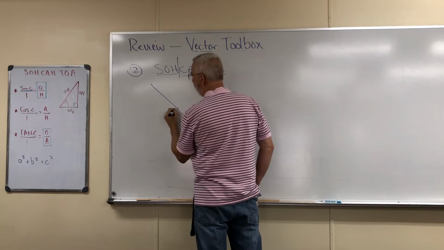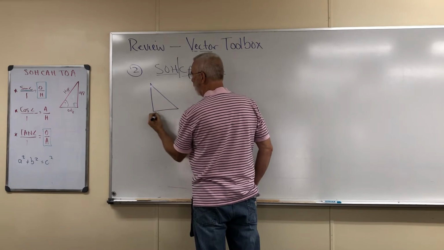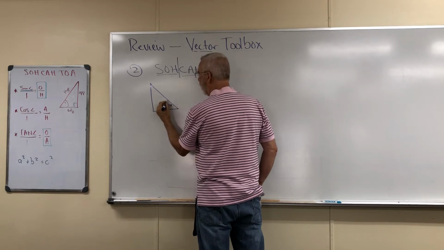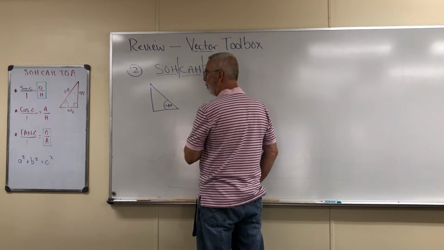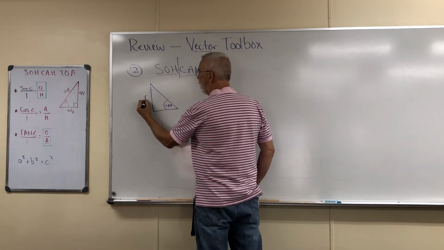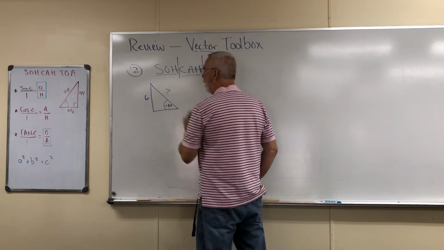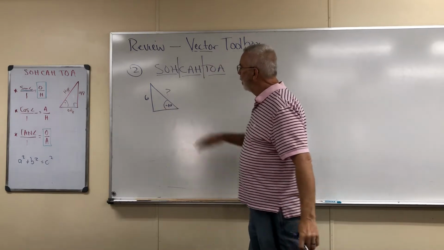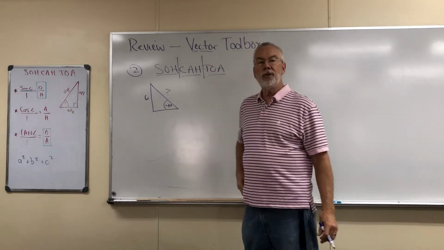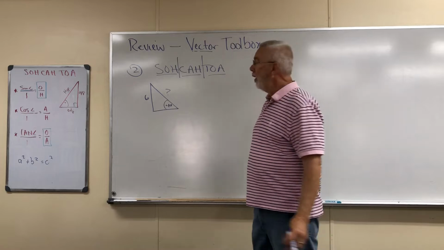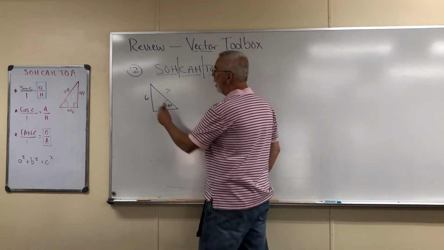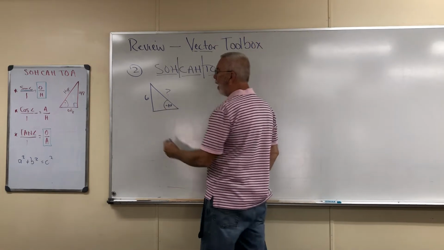If we have a problem that looks like this, and that's a 40-degree angle right there, and this side is 6, and I'm being asked what's the length of this hypotenuse on this triangle? Then I'm evaluating what two sides are involved.